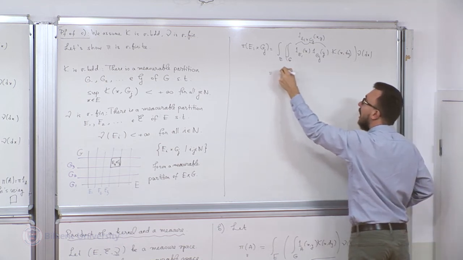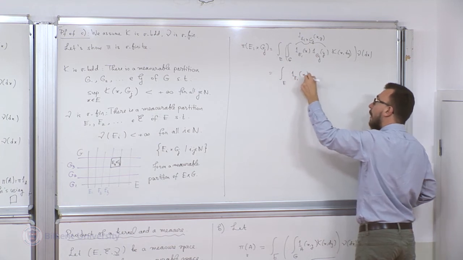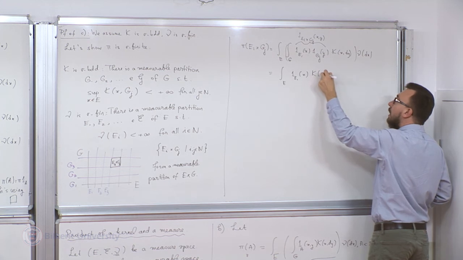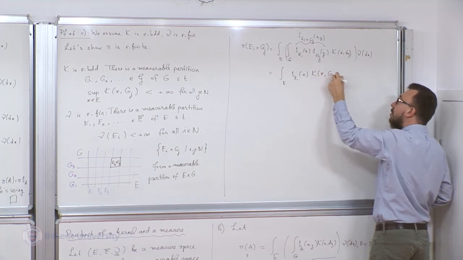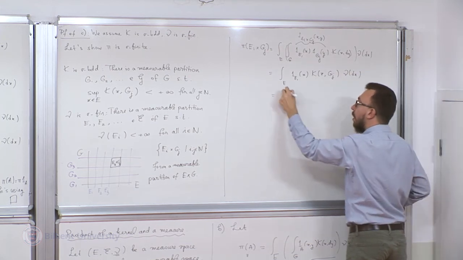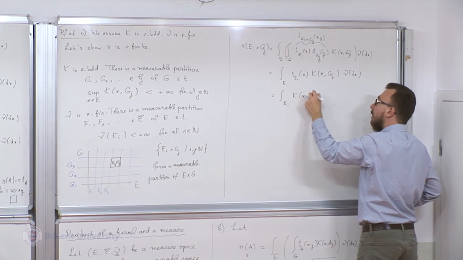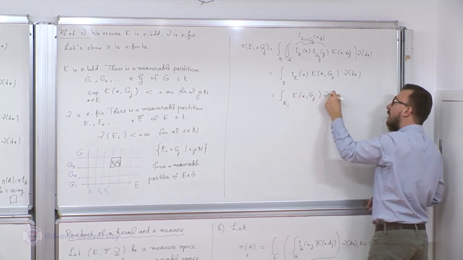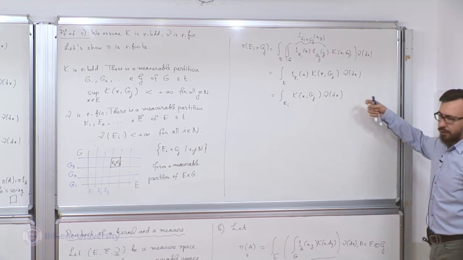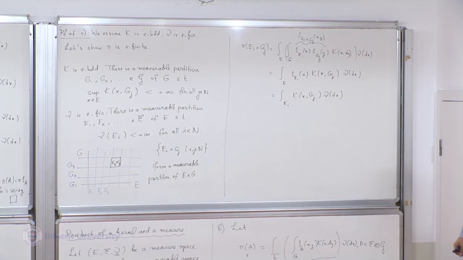Well, this is the integral of indicator of Ei of x and K(x, Gj) nu(dx). So we have to argue that this is a finite number.